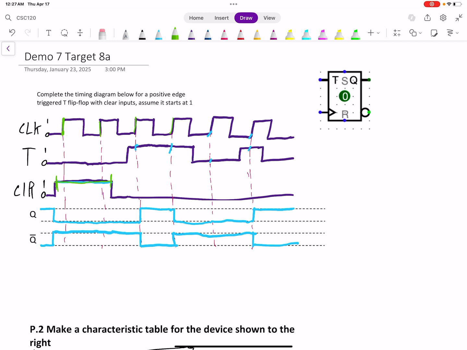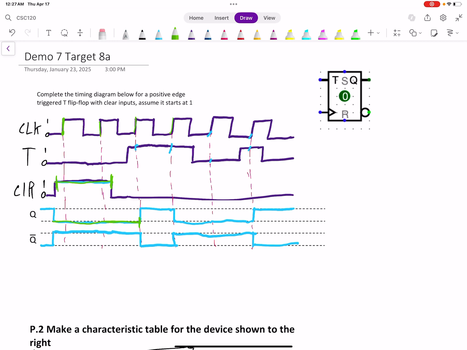So clear is on right there, and our value is going to be at 0. It finishes right here in the middle where there's no clock cycle that starts right there. So we're just going to continue this line all the way to the end.